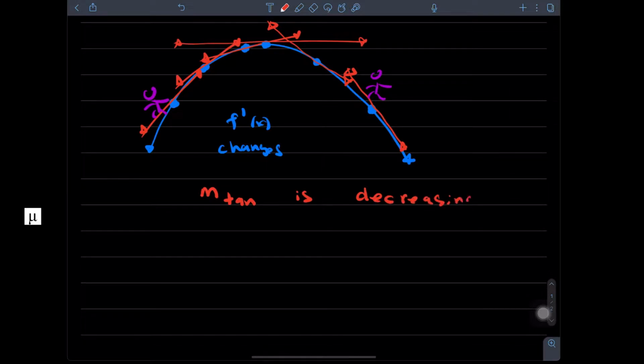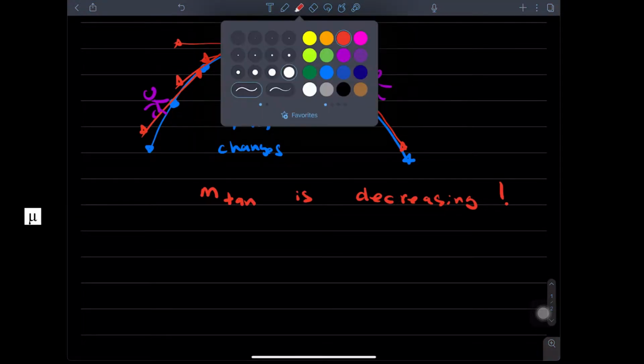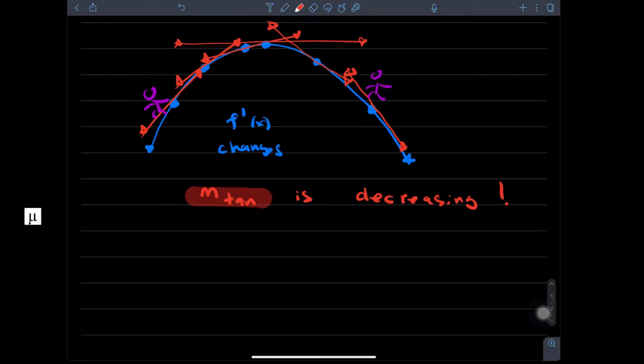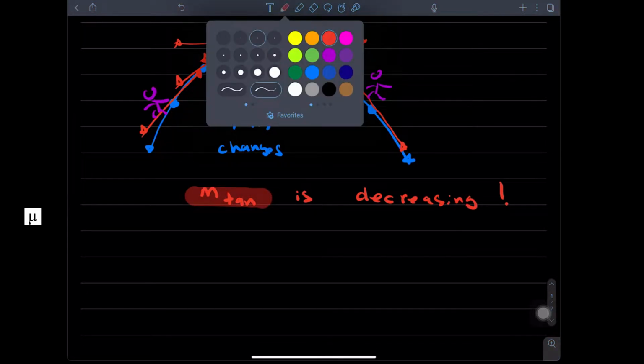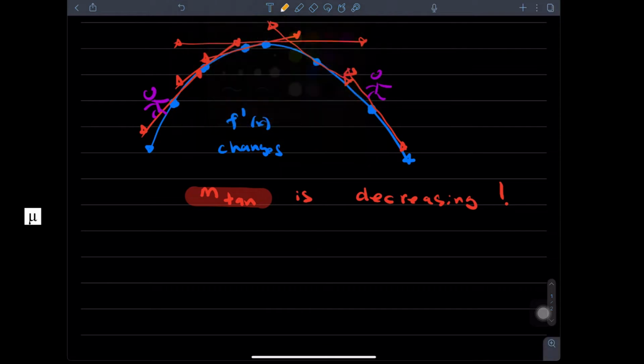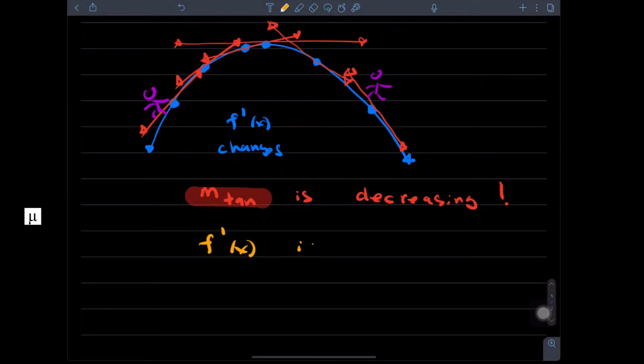This is an important detail. The slope of the tangent line is what? Decreasing. Okay? Now, what does that really mean? That means your derivative is what? Negative. Remember what it meant to be decreasing?